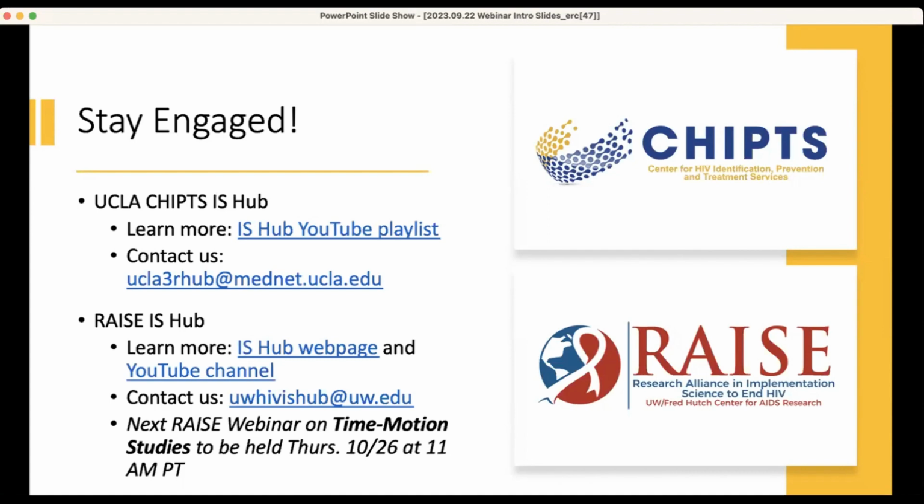But our particular focus is trying to improve or integrate implementation research into health department activities across EHE jurisdictions.